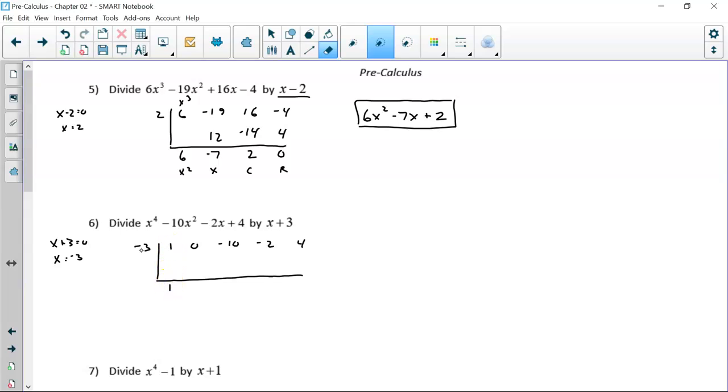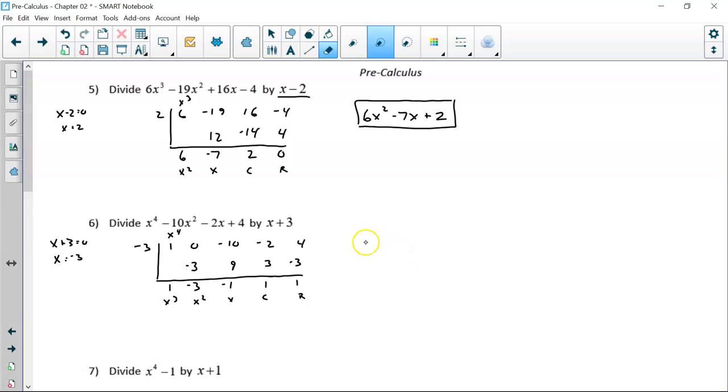Bring down the 1. Negative 3 times 1 is negative 3. Add the column, you get a negative 3. Negative 3 times negative 3 is a positive 9. When you add, you get a negative 1. Negative 3 times negative 1 is positive 3. When you add, you get a 1. Negative 3 times 1 is negative 3. When you add, you get a 1. Now remember, this was our coefficient for x to the 4th, so at the bottom it becomes x cubed, x squared, x, constant, and this one has a remainder of 1.